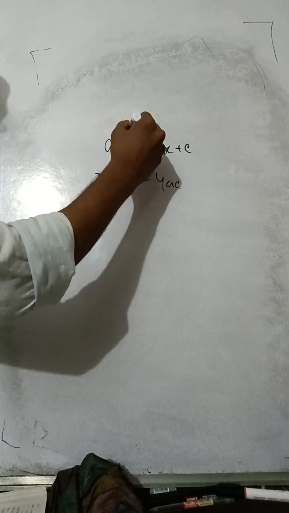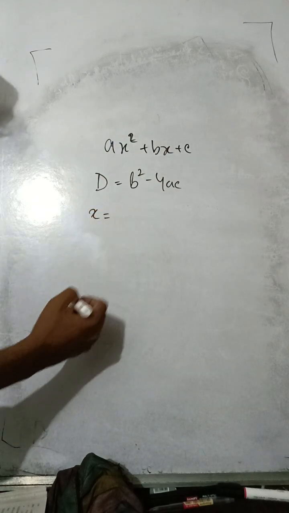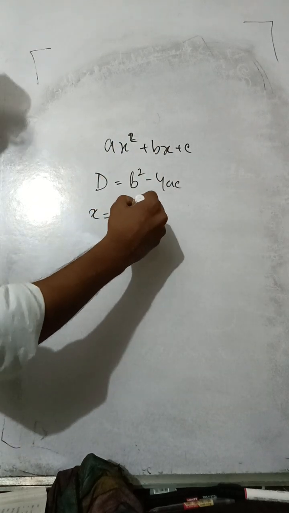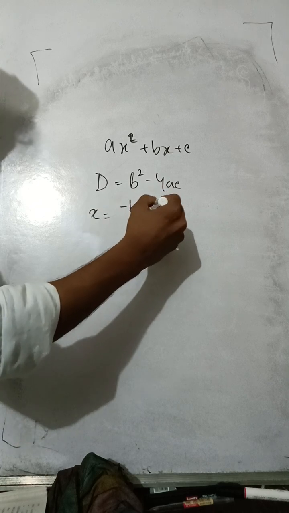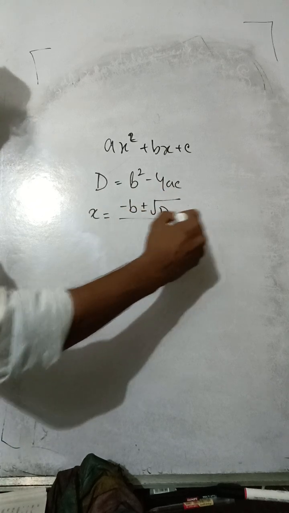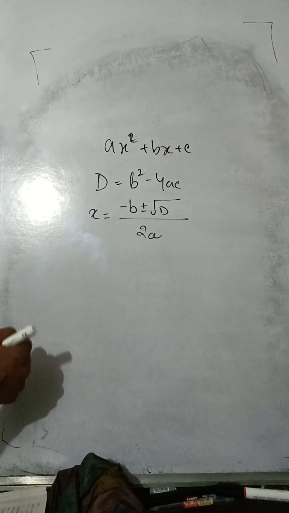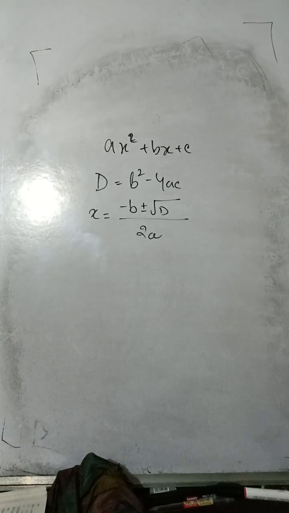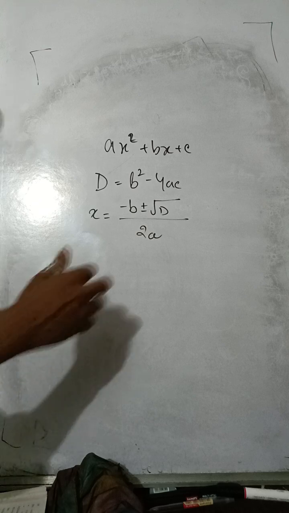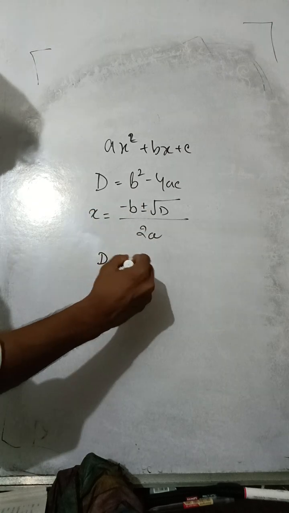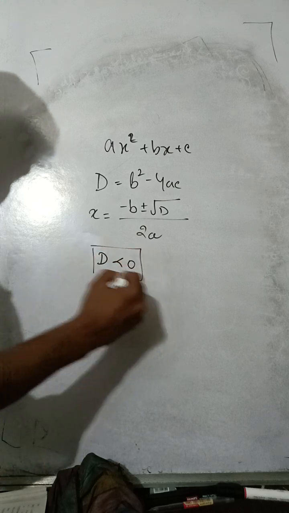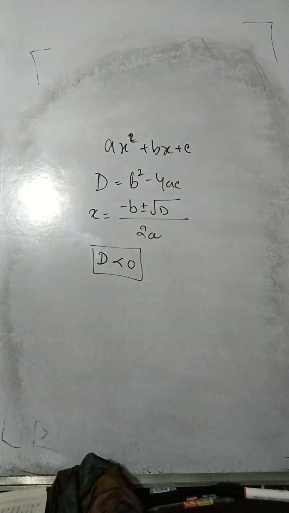It is b square minus 4ac. Now, by Sridharacharya, or by the quadratic formula, we know that x is basically minus b plus minus square root D divided by 2a. Now, suppose this D is negative, that is, our discriminant is negative.